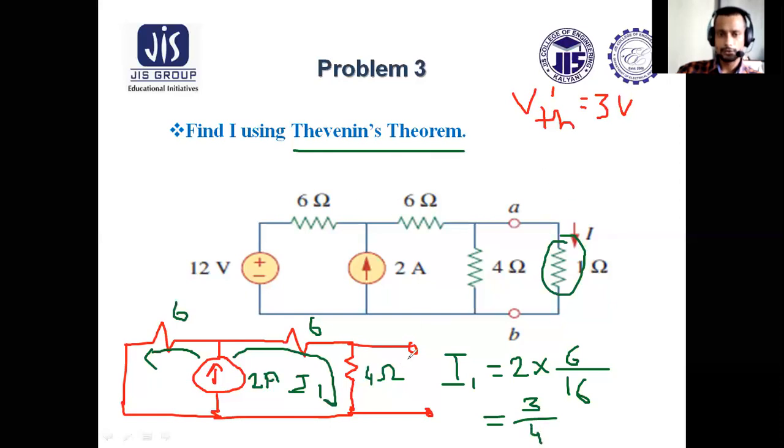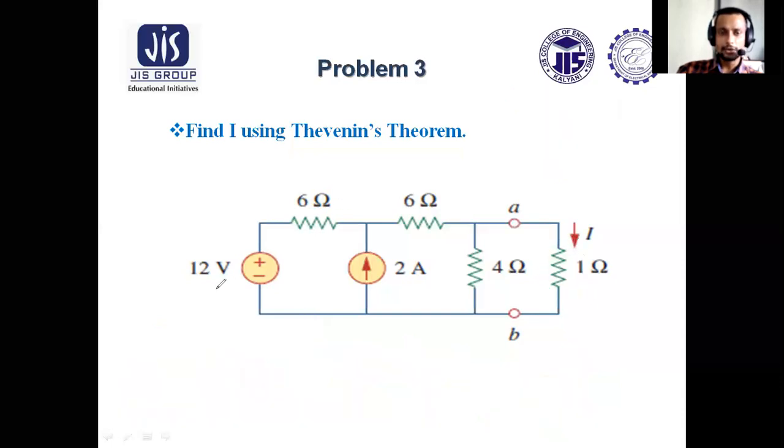So this is VTH for the 2 ampere source. VTH double dash will be 4 into I1, that is again 3 volt. Now as per superposition theorem, VTH will be VTH dash plus VTH double dash, that is 6 volt. So VTH is found like this.